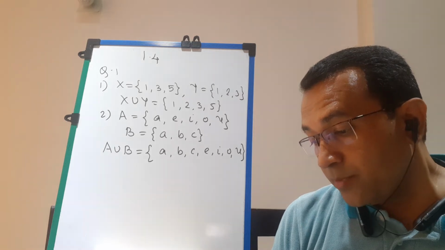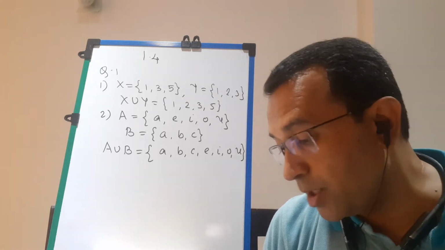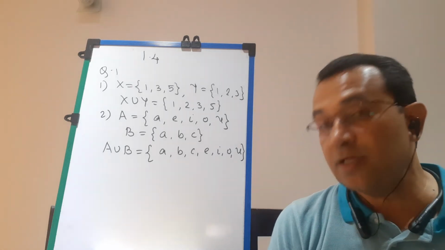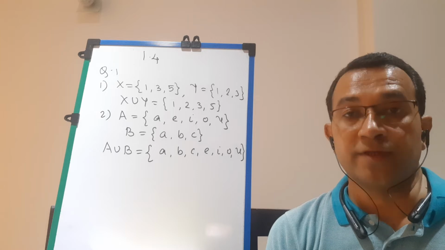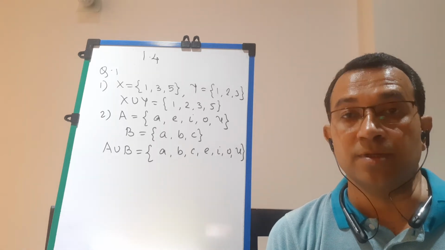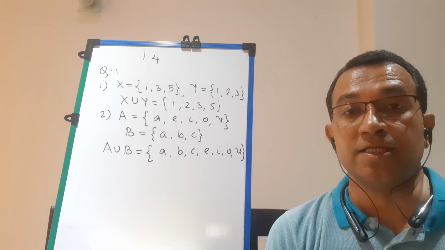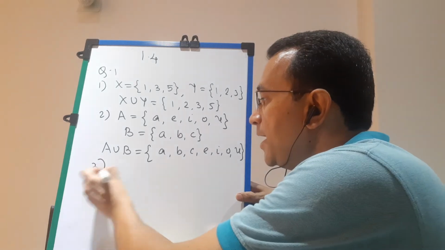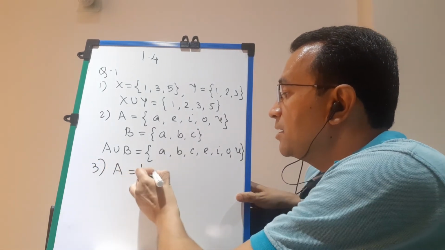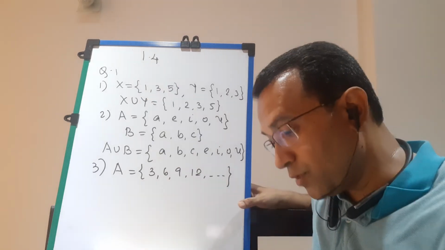Then students, the third pair, A is equal to x such that x is a multiple of 3 and it is a natural number. So multiples of 3 among natural numbers start from 3, 6, 9, 12 and onwards. So the elements of set A are 3, 6, 9, 12, 15 and onwards.